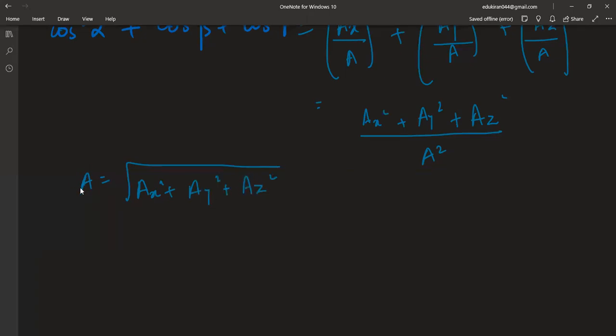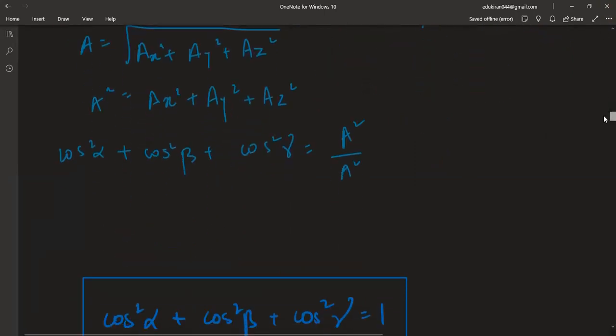So if I square A, I will get Ax square plus Ay square plus Az square, right? So can I put this in terms of this equation? See, what will I get? Cos square alpha plus cos square beta plus cos square gamma will be equal to, this entire term can be written as A square, and there is A square already in the denominator. So what is the final answer I'm getting?